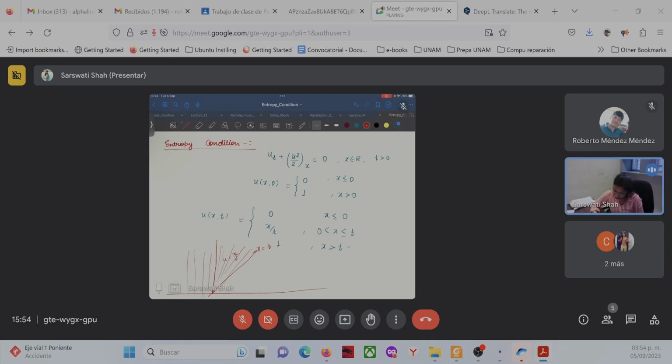So this was the solution and this was the graph we already have discussed in detail.